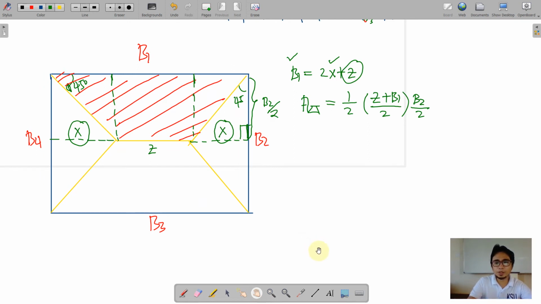So what will the figure look like, or how does the loading look with regards to the distribution on the beam? Say this is our B1.